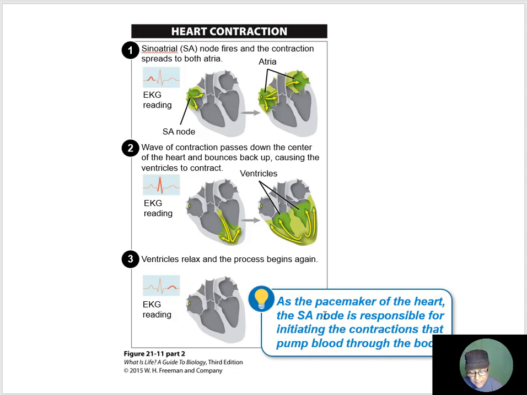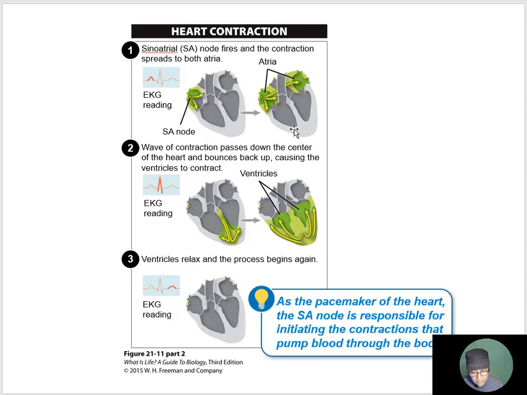And so as you can see, the pacemaker of the heart, the SA node, is responsible for initiating the contractions that pump the blood throughout the body. And it is extremely important, right? If your SA node is misfiring, you're going to have basically what's called arrhythmias, which means the heart is not able to beat with a rhythm.